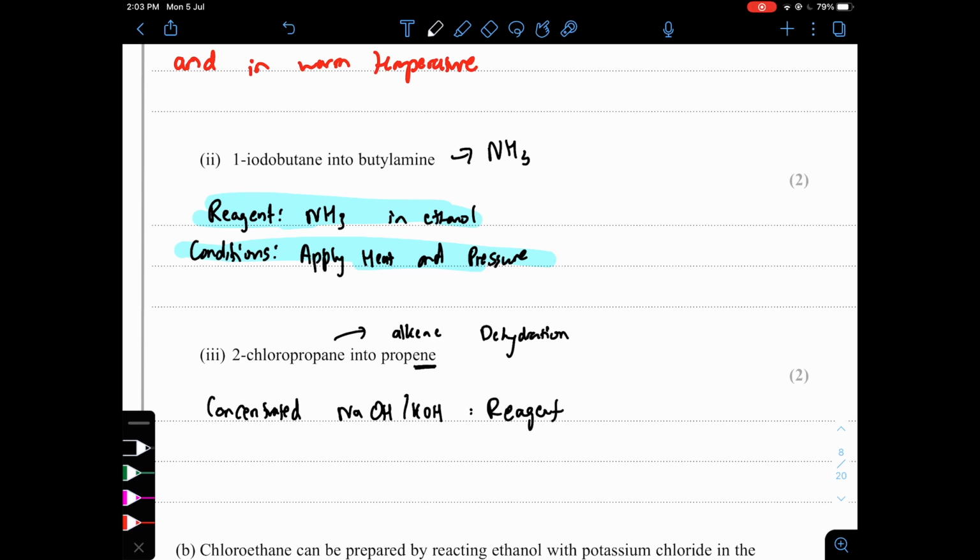Now, same thing as before. We said that it should be heated and dissolved in ethanol. So we can write conditions: should be dissolved in ethanol and in warm temperature, or apply heat. It's better. Let's write apply heat.